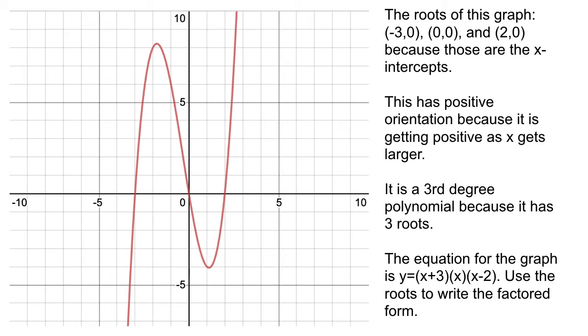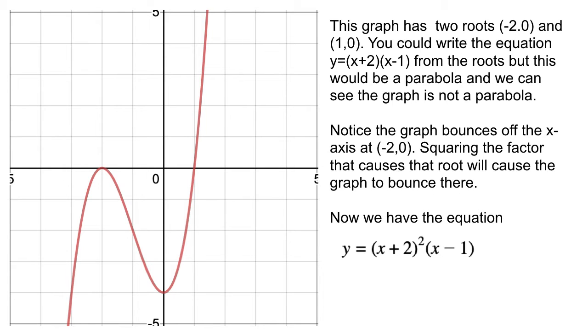It is a third-degree polynomial because it has 3 roots. The equation for the graph then is y equals the quantity x plus 3, quantity x, and quantity x minus 2. We got each one of these factors from the roots, and so we've written the factored form of the graph.